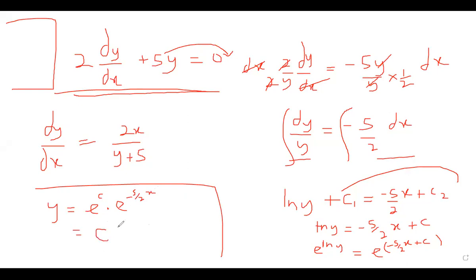So we can say maybe c3 or just a constant times e raised to the power minus 5 over 2 x. So this is our y. Y is equal to a constant times e raised to the power minus 5 over 2 x as your solution. Very good. I'm sure that is what most of us also got at our end.